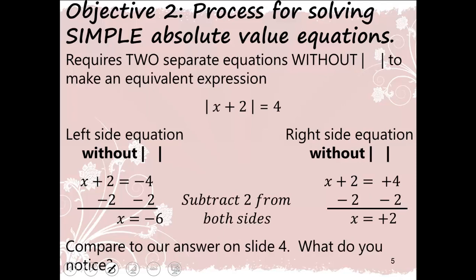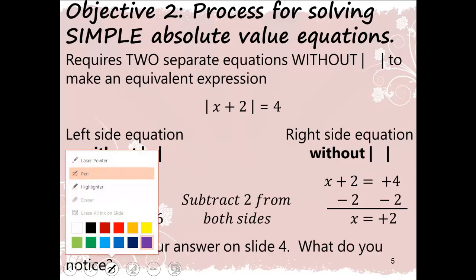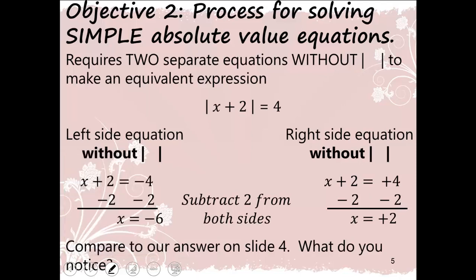So with an absolute value equation, we have to end up with two answers. So what that means is that if we're going to solve this algebraically, then we're going to need to come up with two separate equations that don't have absolute value bars to make an equivalent expression of one single absolute value equation.